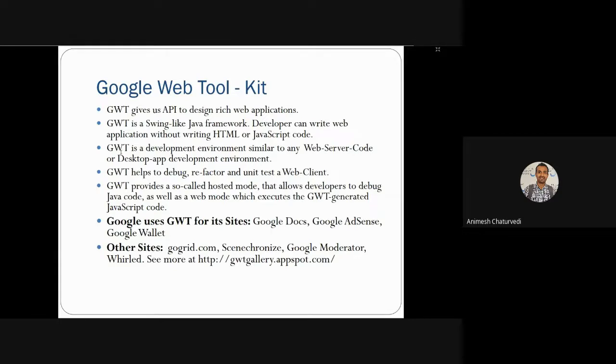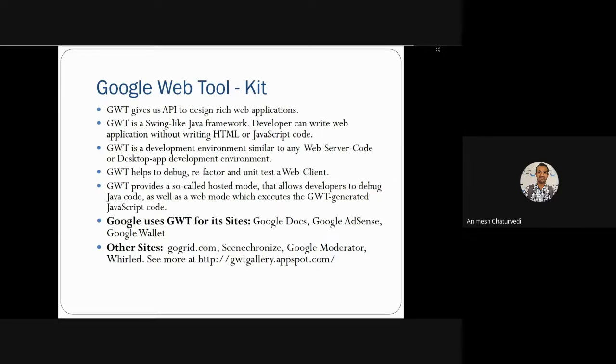Similar to that, GWT also provides you a development environment. How is it developed? It is basically a desktop application. So Google Web Toolkit is a kind of desktop application development environment, and on your own desktop, meaning laptop or any computer, you can install GWT and start developing Google web applications.